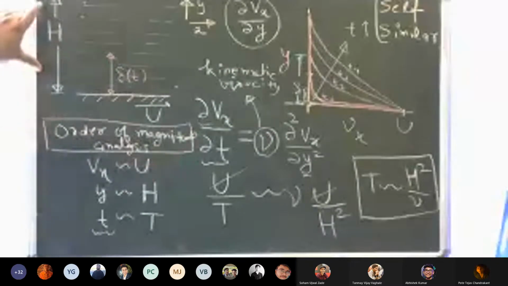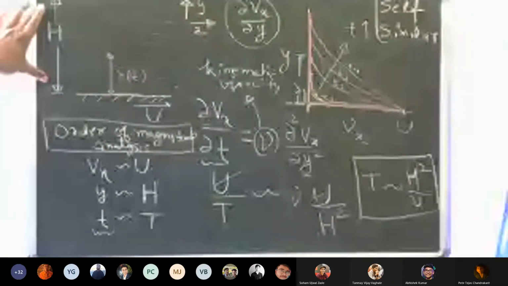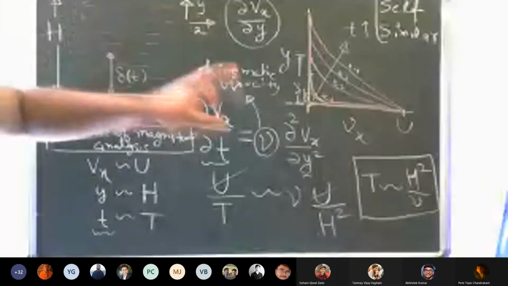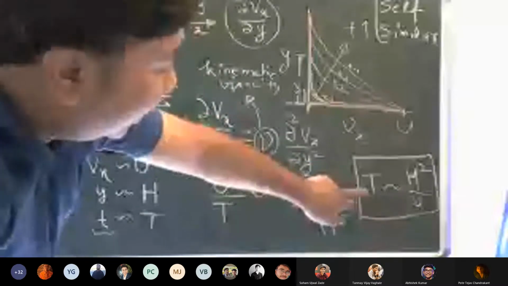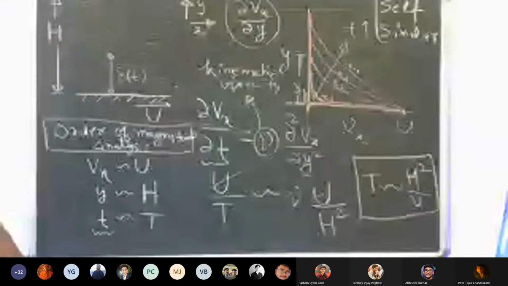And you can take this h as characteristic value, if I am analyzing the problem in a time which has value typically in the range of around this h square by nu.